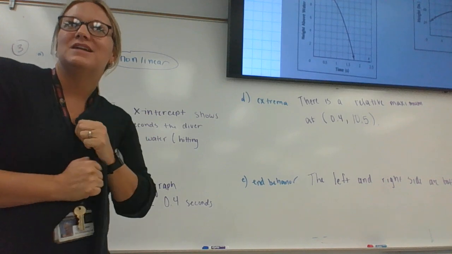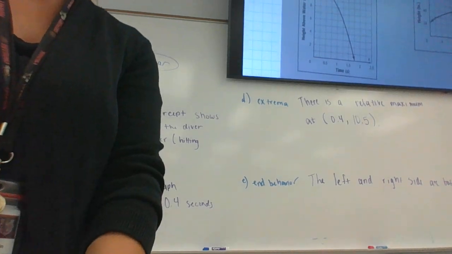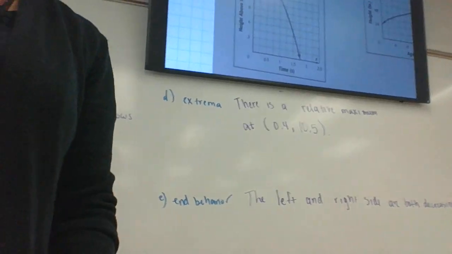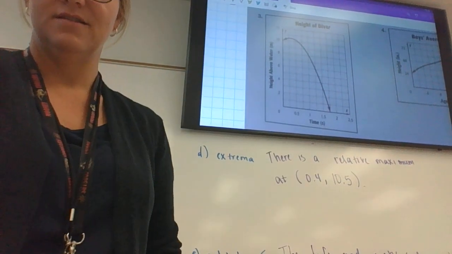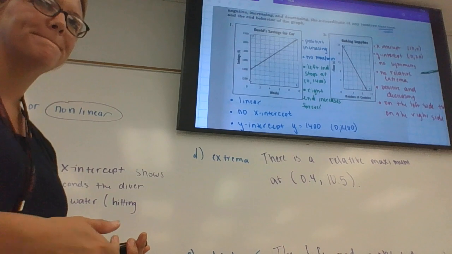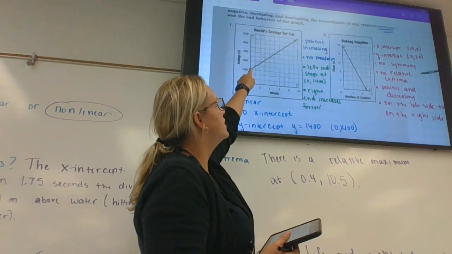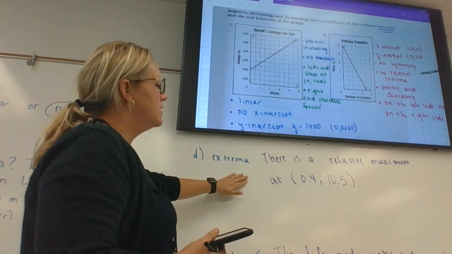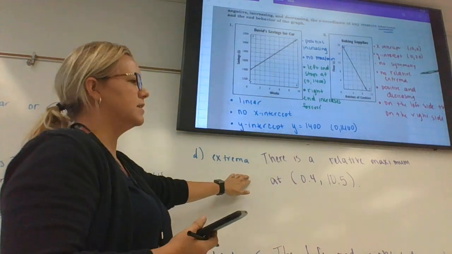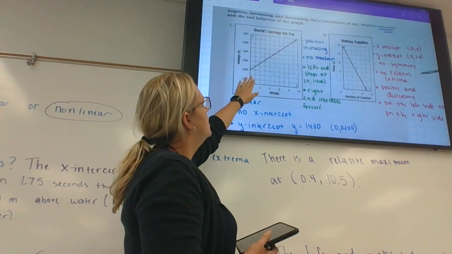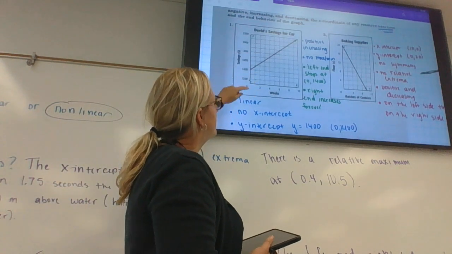Please get out your homework. Turn the page. So number 1 is positive and increasing. For the relative maximum or minimum, I think the word there is extrema. There is none here. It's linear.